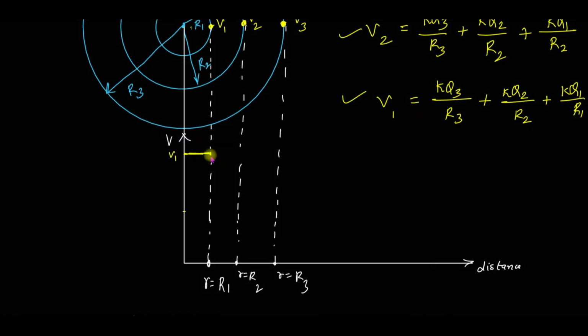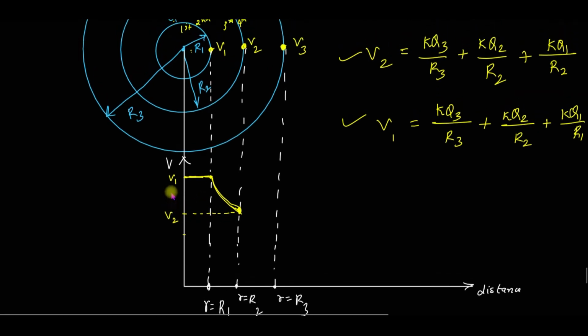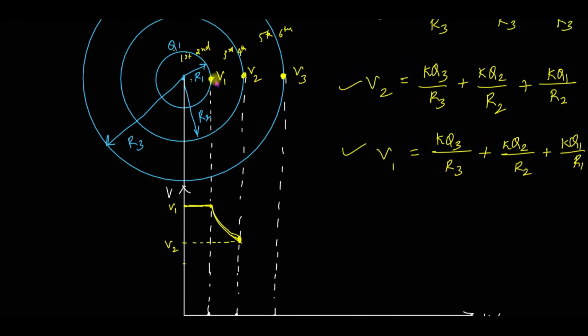Now as you move out from the first sphere, the potential will start decreasing, and as you come onto the surface of the second sphere, there the potential will be V2. Why will the potential decrease? If you are between the first sphere and the second sphere, as you move outwards, this r1 will not be r1 anymore.